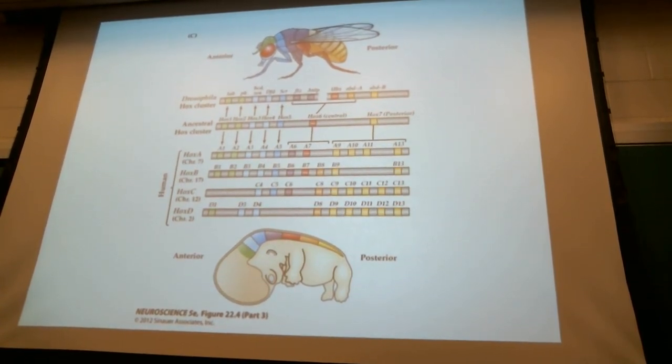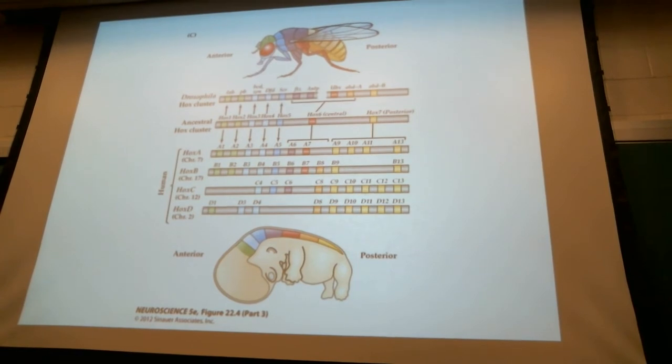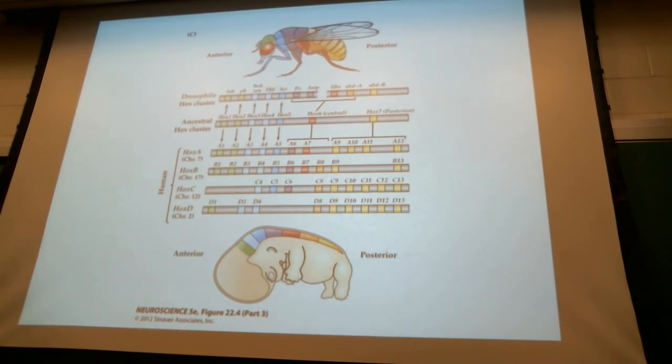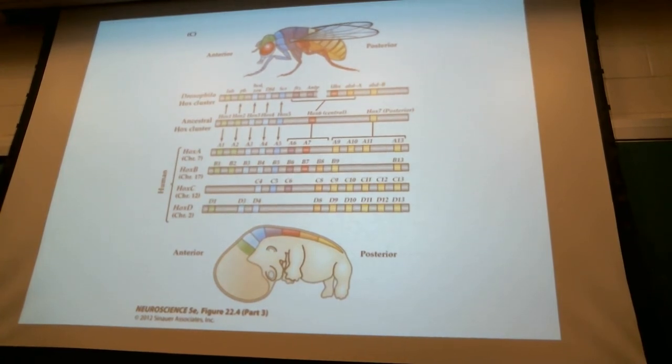Because I have a question. It's like, but how do you know I'm really the most anterior, and so I will express this, or I'm close to the tail, so I will express this? How do you know that? It turned out there is a gradient.